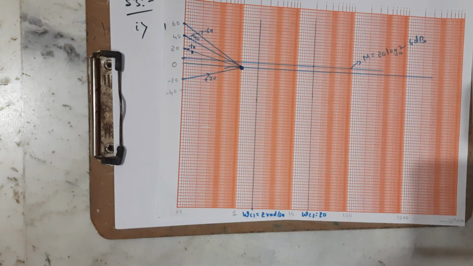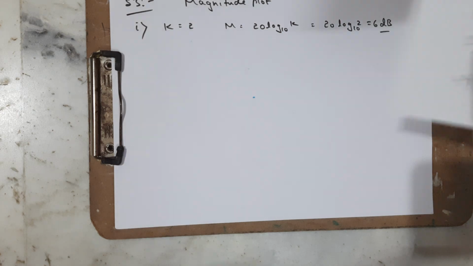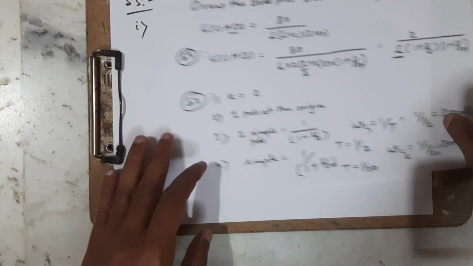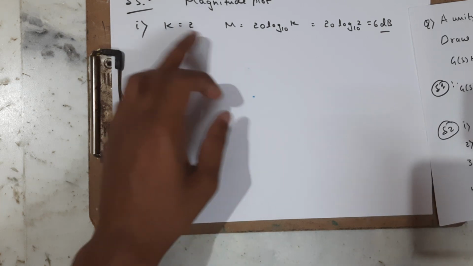Okay, what next? I have the next factor, that is one pole at the origin. Sorry, I need to write the conclusion for this, right?